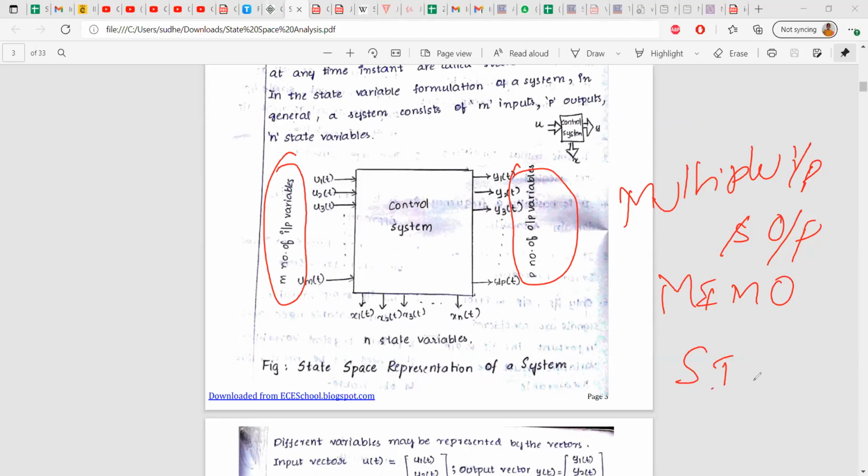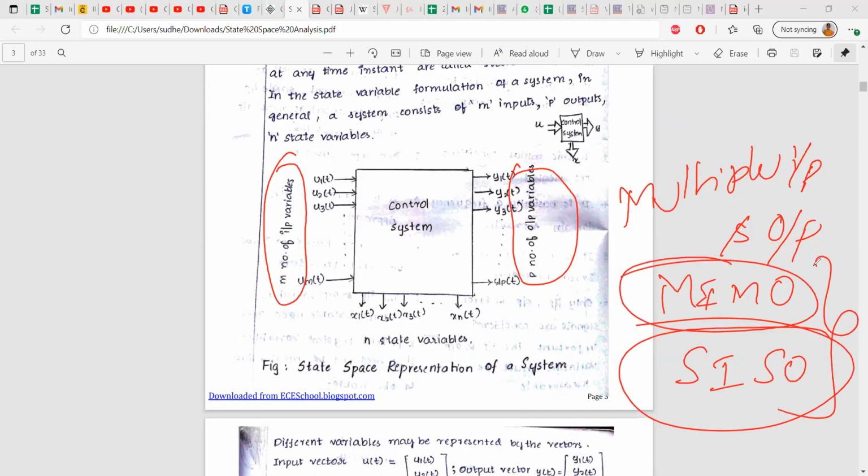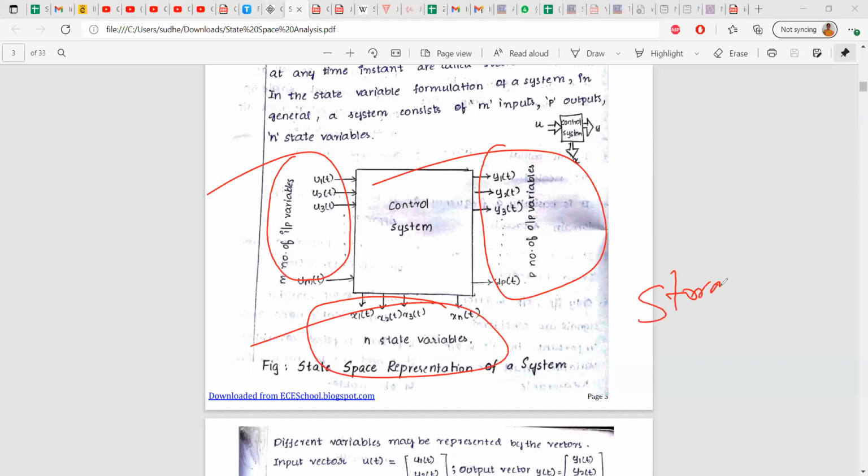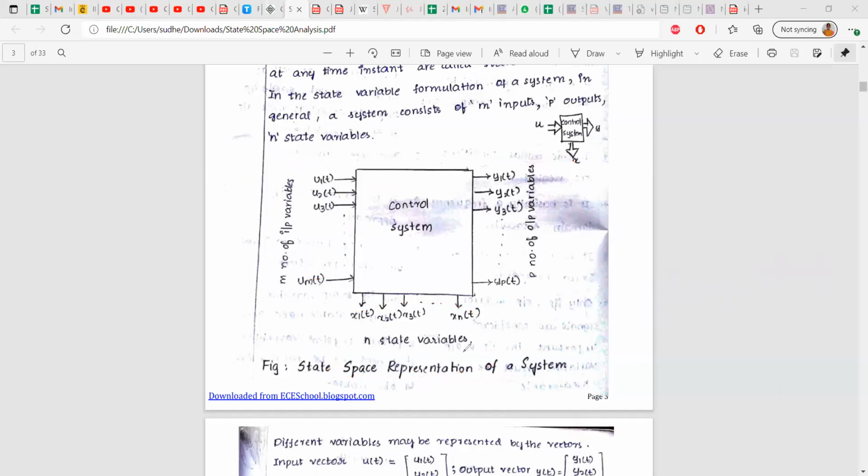But the transfer function approach is applicable for only single input, single output systems. State space analysis is for both. You can apply multiple inputs and take multiple outputs. And we have n state variables, which are nothing but storage elements. So this is the standard state space representation of the system.